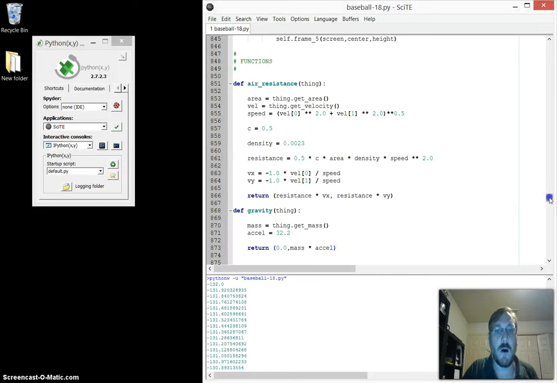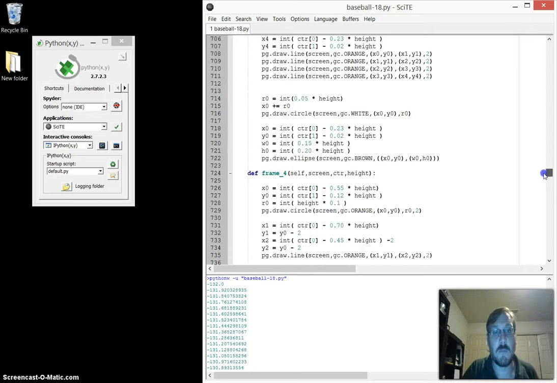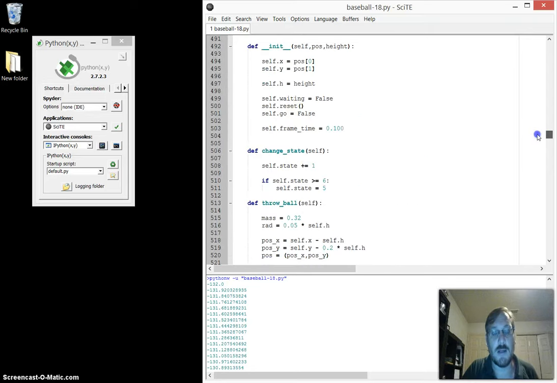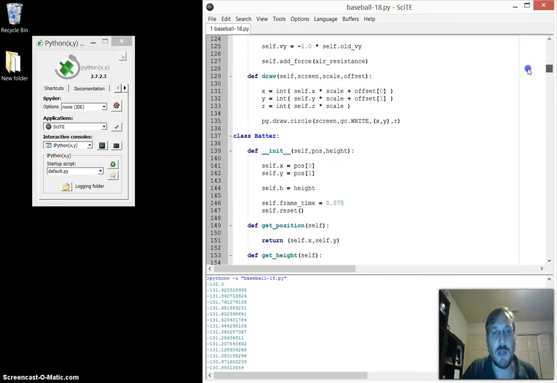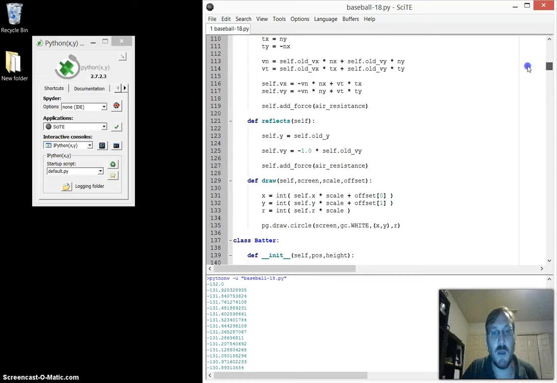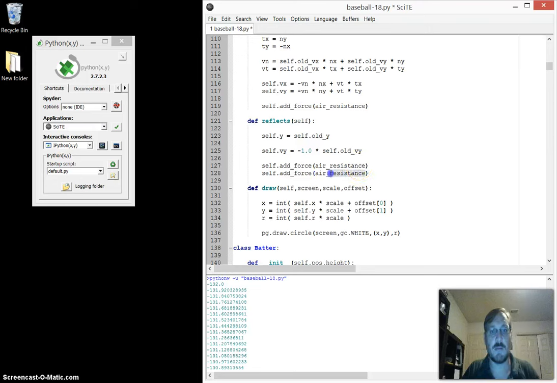All in about the same place, and that's way up here in the ball class. One of the two things we have to do is add in gravity in both of these add forces.